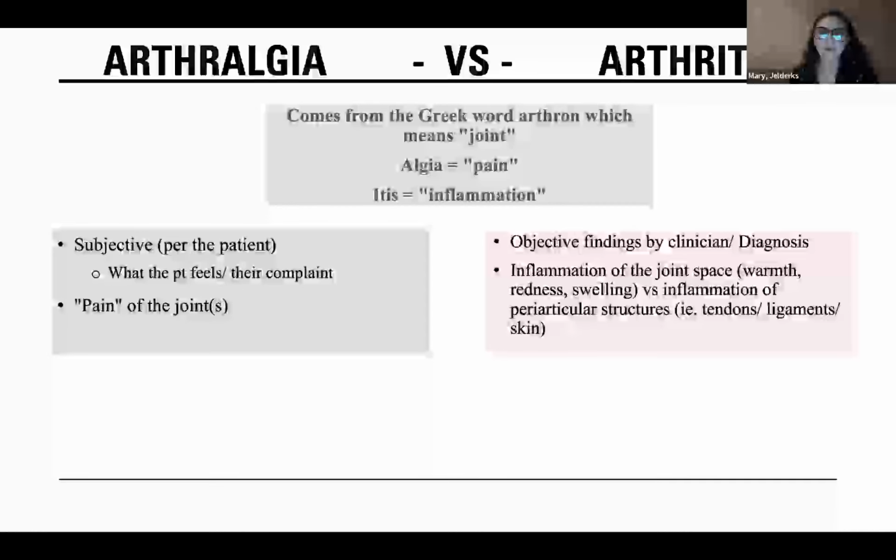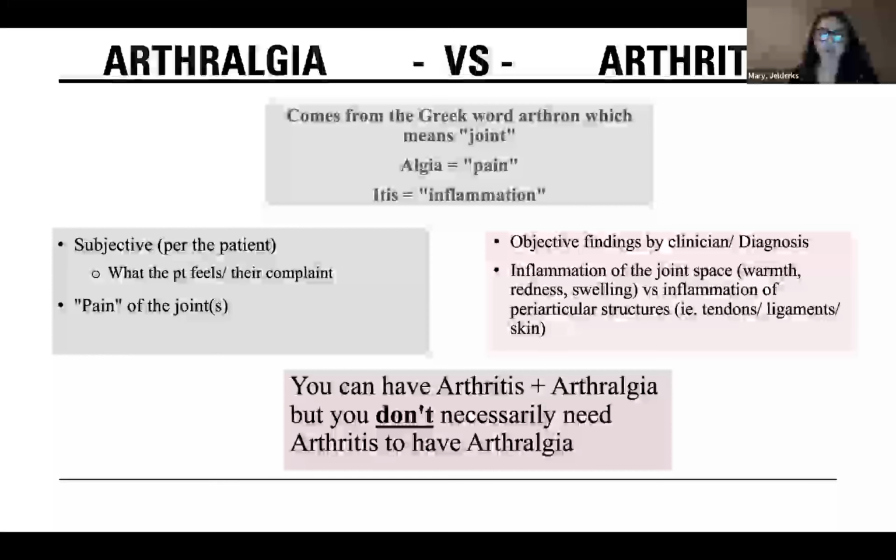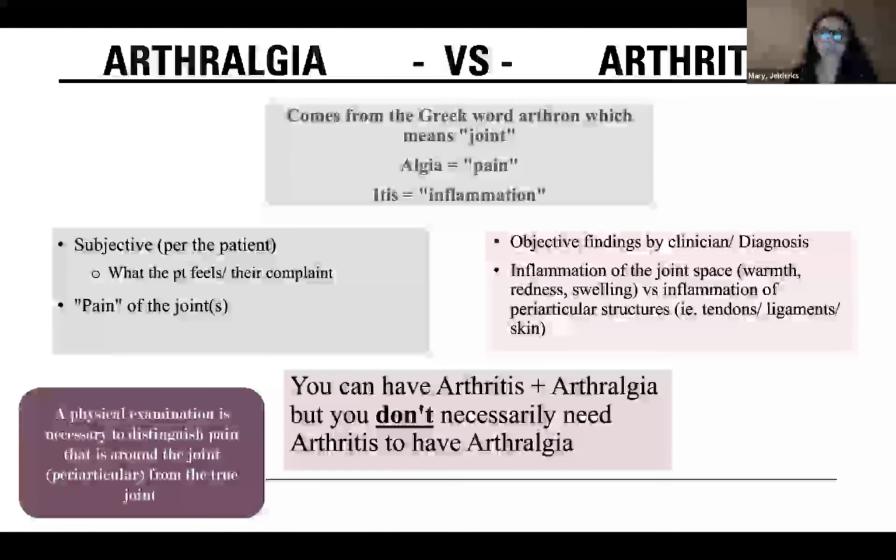This could be all around the joints, including tendons or ligaments, all involved. So all in all, you can have arthritis and arthralgia, but you don't necessarily need arthritis to have arthralgia. This really does require the physical examination by a clinician to make this distinction between the two.